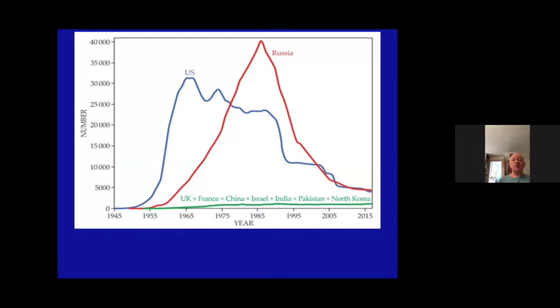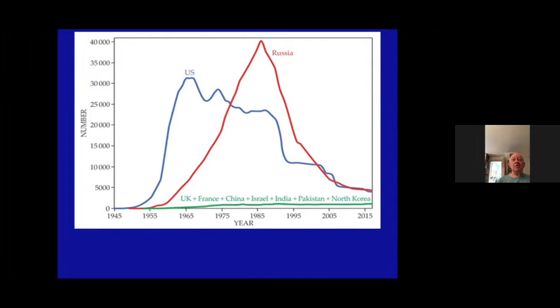Okay, so this shows the number of weapons that various countries have had since 1945. You can see the US was the first to acquire them and to acquire a lot of them, followed by Russia, that continued to claim that it needed to catch up with the United States and make sure that the US would not attack them.